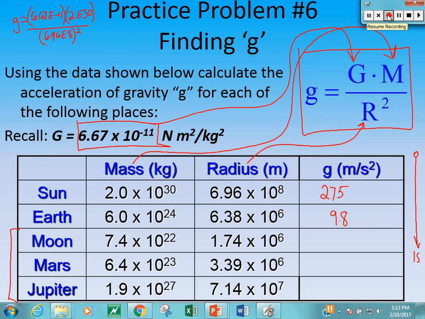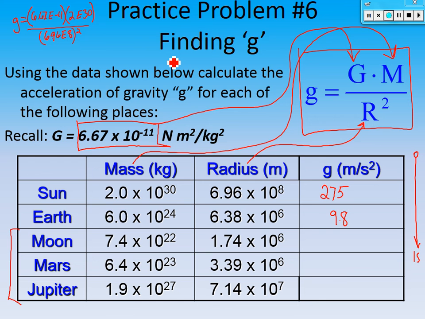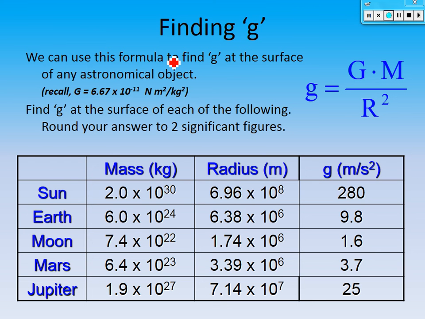Okay, so let's see how you did. Hopefully you went through and solved for those numbers, but I did it as well, and I got 1.6 was the acceleration due to gravity on the Moon, 3.7 on Mars, and 25 on Jupiter. So, kind of interesting. Next time in class we're going to do a lab where you're going to see how far you would be able to jump on the different places in our solar system, on the Sun and then all of the planets.